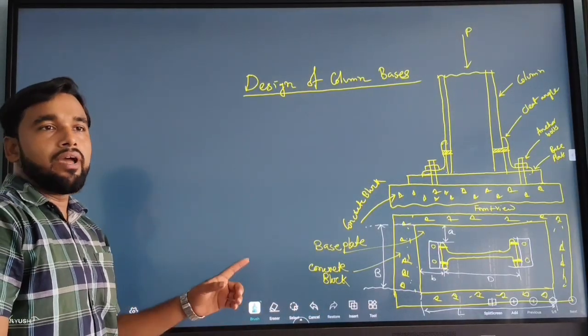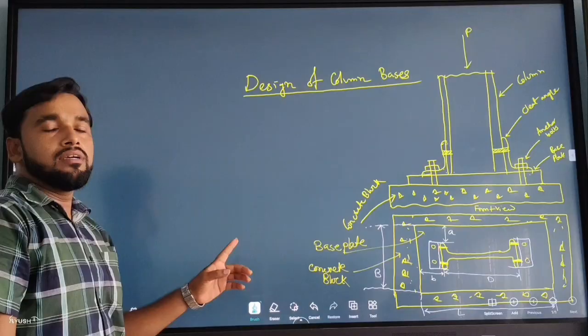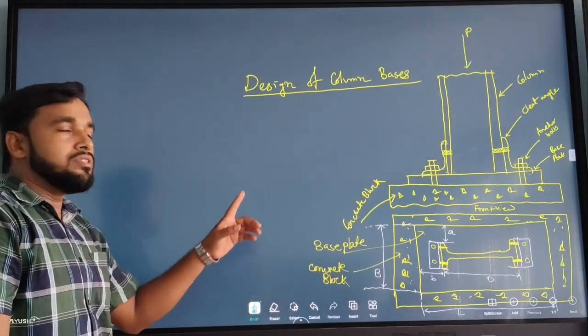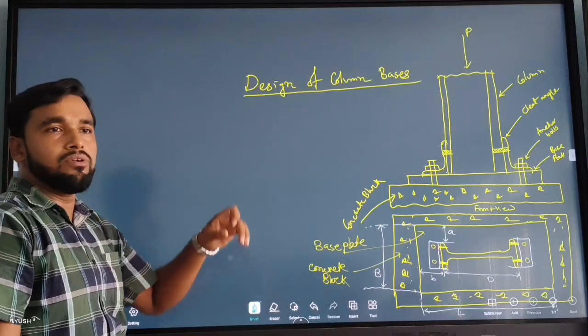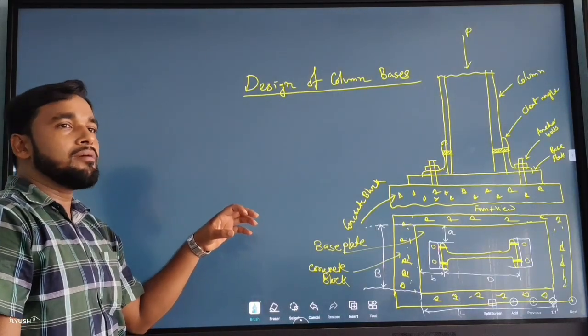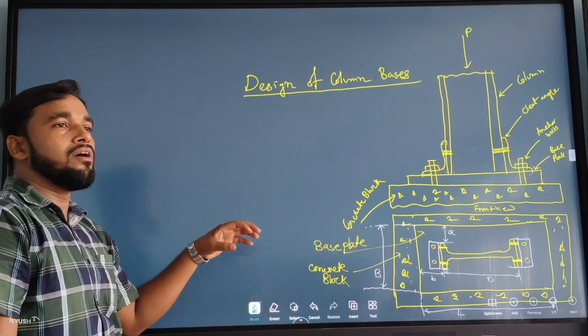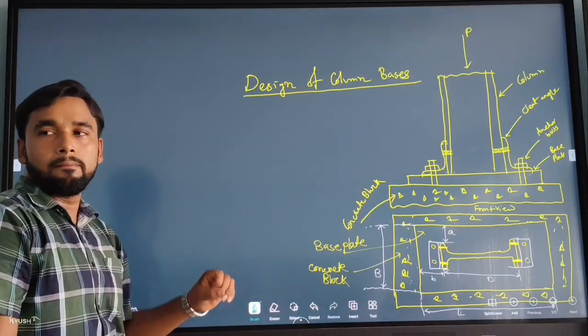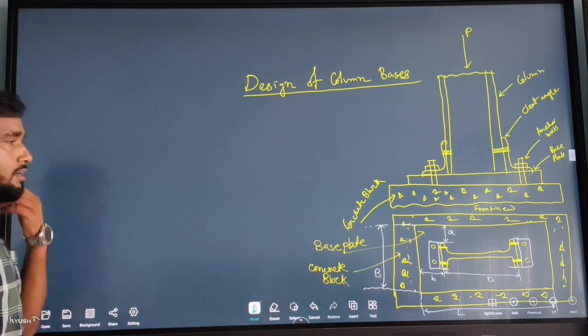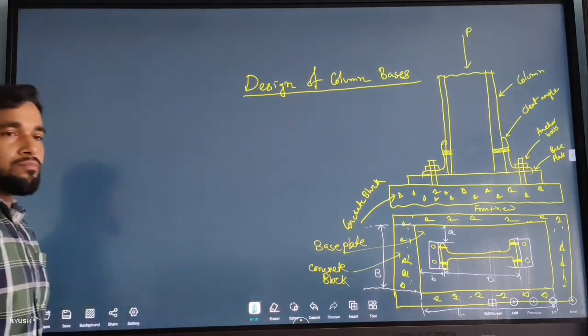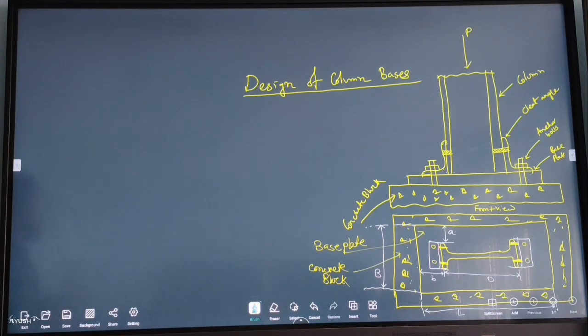This is the assumption. While we are designing the slab base with direct or axial compressive loads, we assume that the pressure distribution from the concrete block is uniform on the base plate. Now let's discuss the design procedure of the slab base.